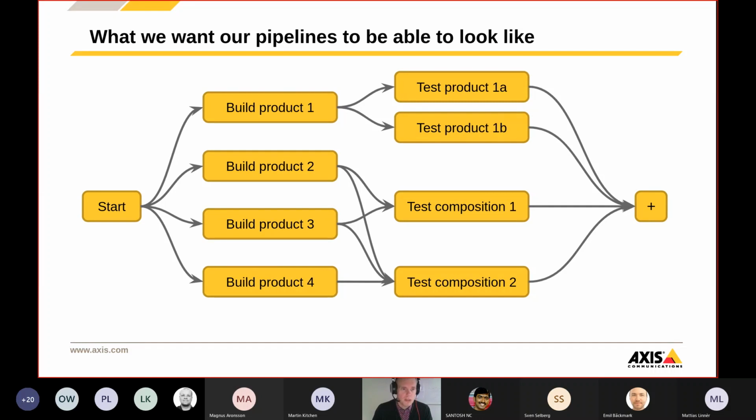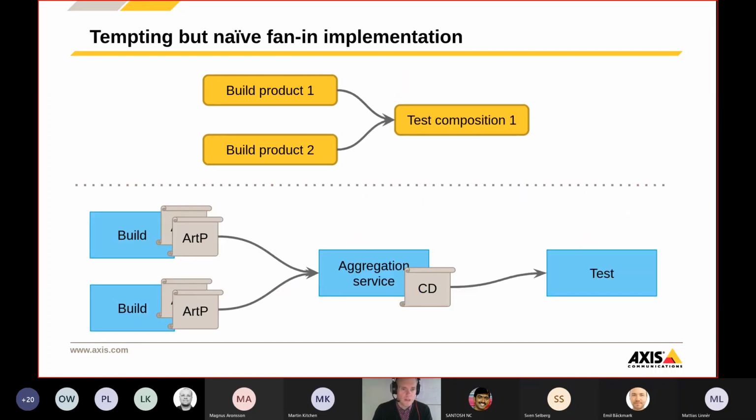So if we zoom into a small portion of this execution graph, where we build two products, wait for both to complete, and then we test the composition, the upper part of this slide, it could look something like this in the lower part of the slide, where we have two independent builds.